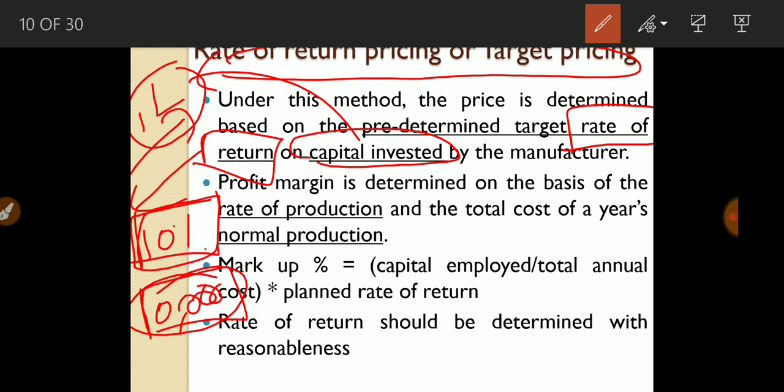So the profit margin is going to be my rate of return into my capital invested. Whatever profit I desire, based on that I am going to decide the price at which I want to sell in the market. The profit margin is determined based on the rate of production and the total cost for normal production. Okay, before we come back to these points, let me show you an example to make it a little more clear for all of you.